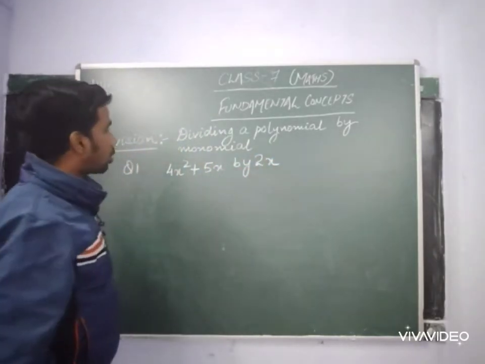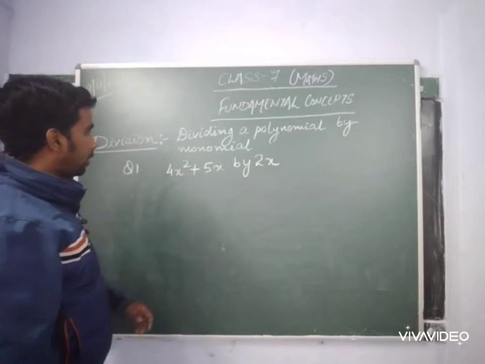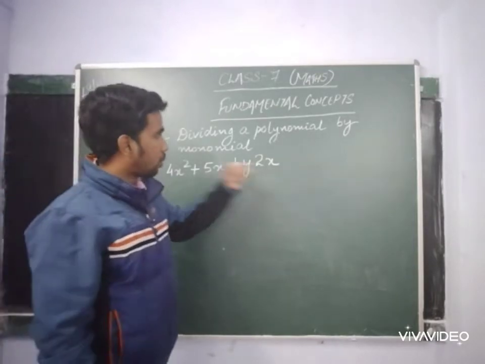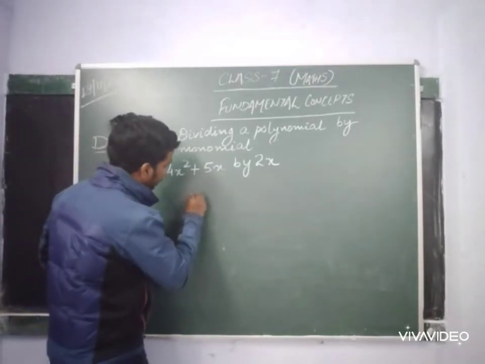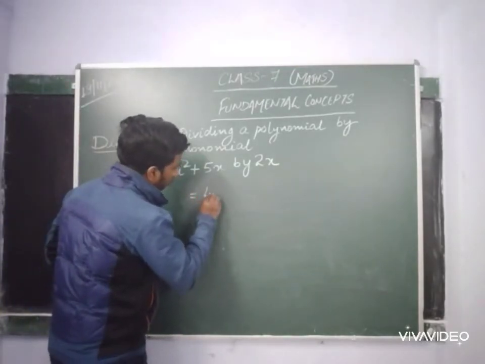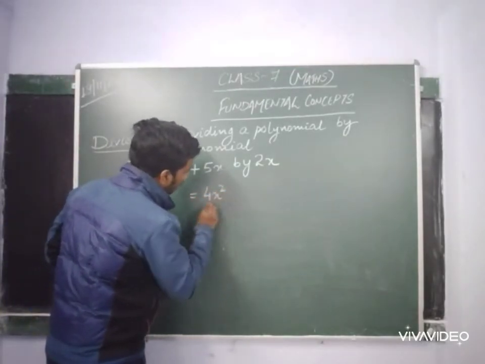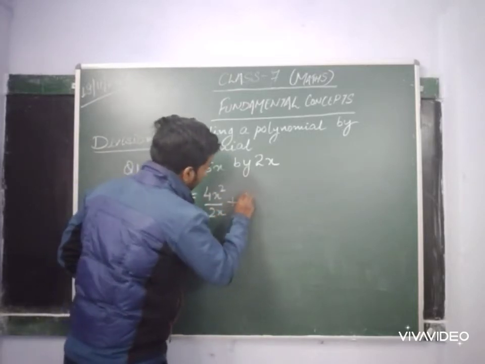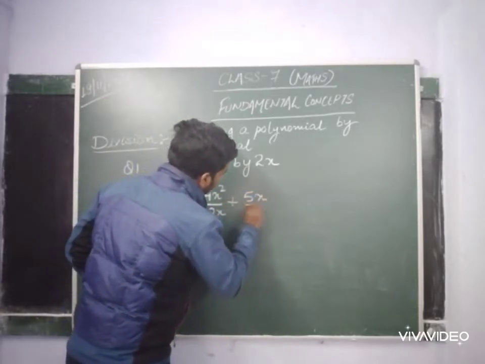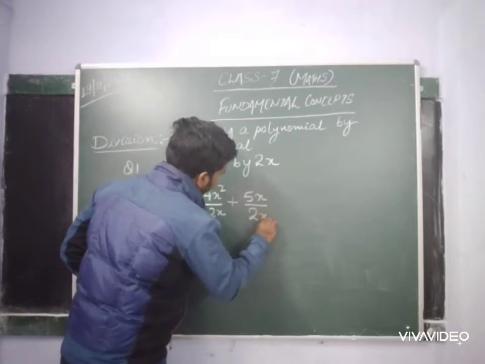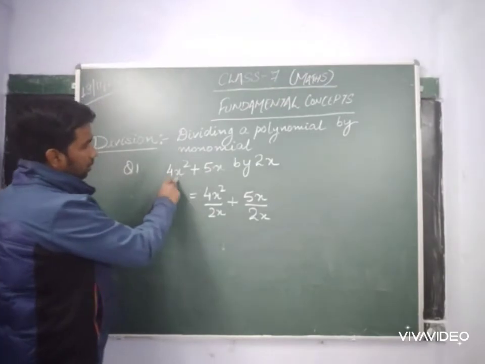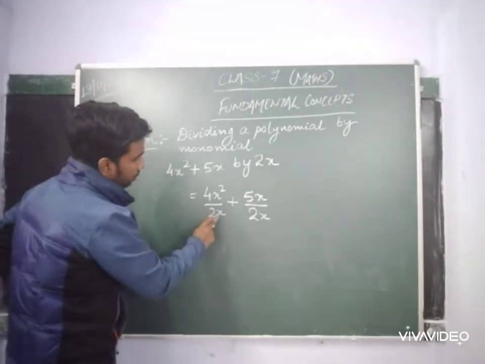So in case of a polynomial, we will divide each term of a polynomial by a monomial. So we will write like this: 4x square upon 2x plus 5x upon 2x. Clear? Likewise, we are dividing each term of a polynomial by a monomial.